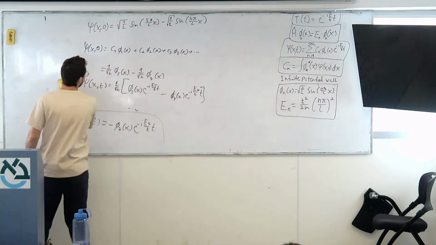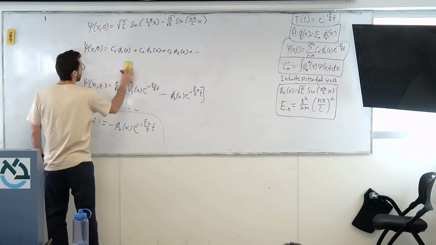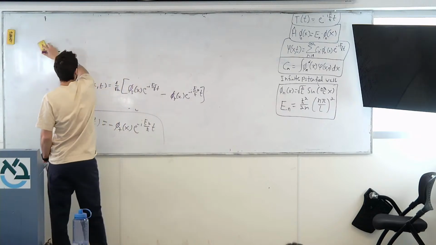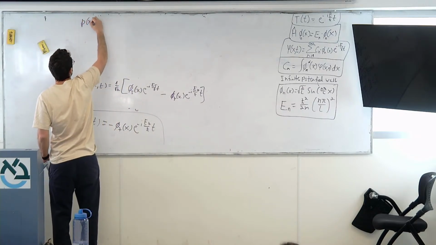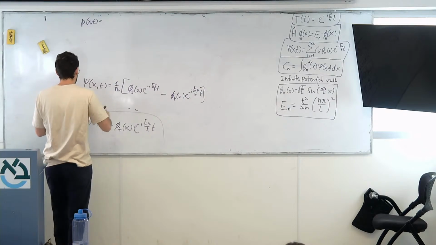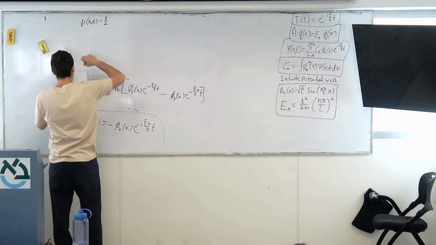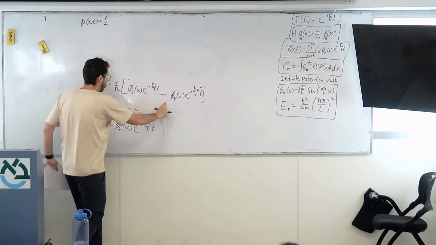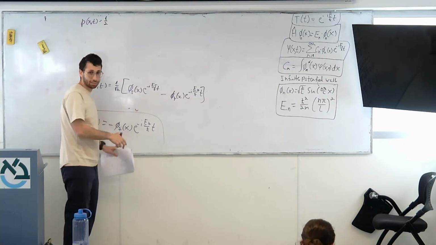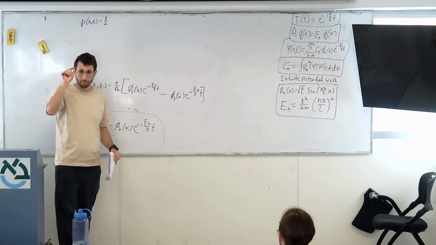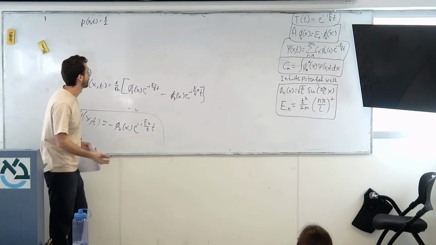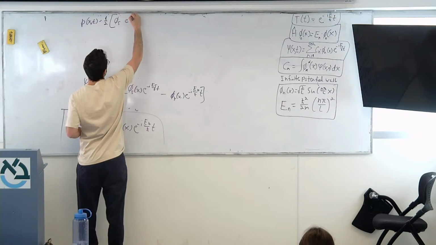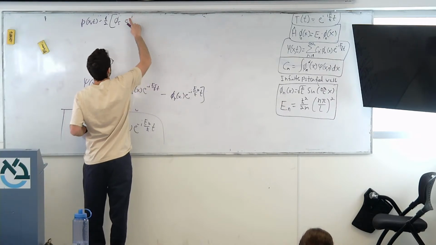Let's do it slower. So up until here, we know. So here, P of x and t will be 1 over 2, and when we take the absolute value squared, because phi of x is real, I'm not going to indicate the conjugate, but we should do it. Let's take first the conjugate.